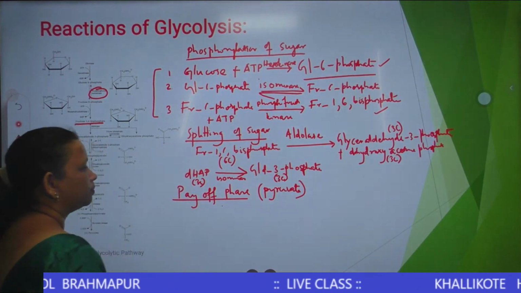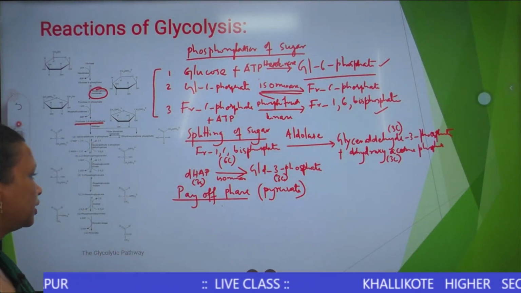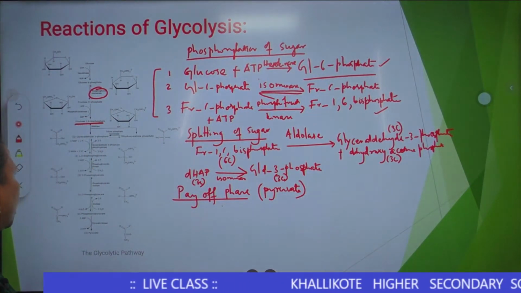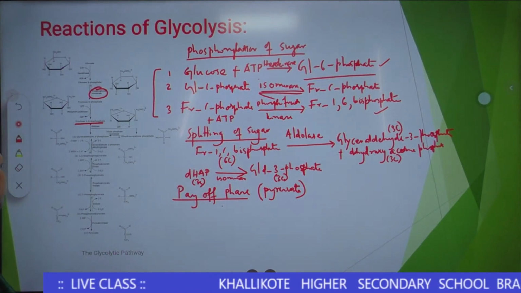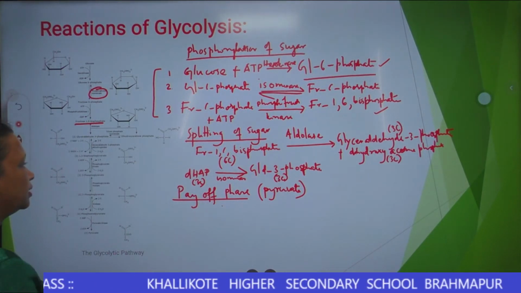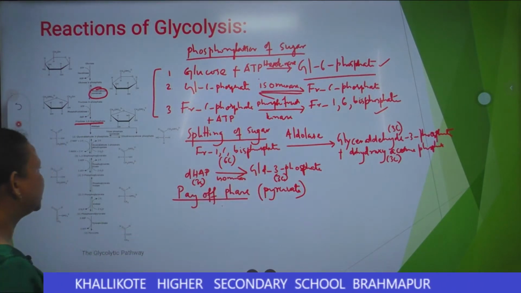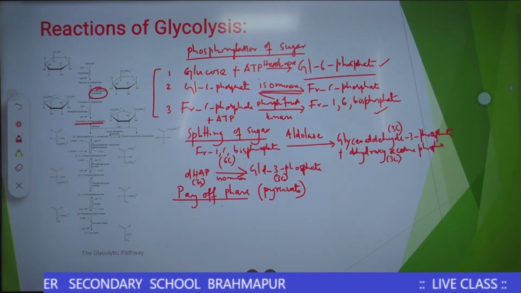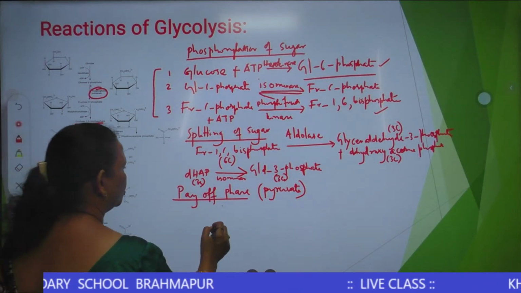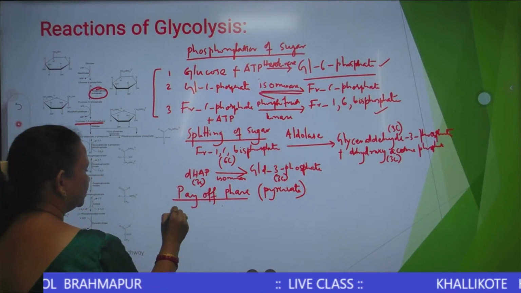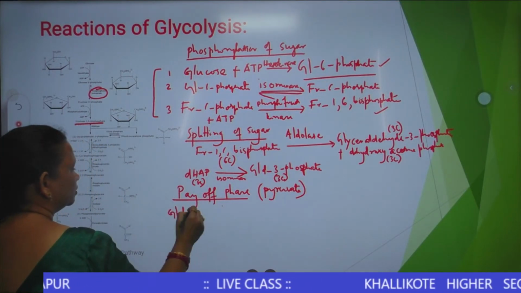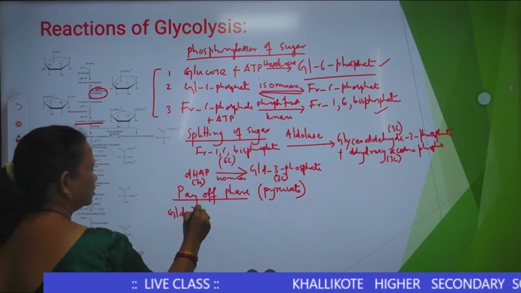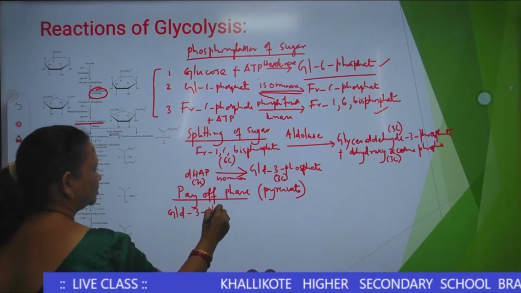In the production of pyruvate, what will be the first reaction? Glyceraldehyde 3-phosphate is getting converted into 1,3-bisphosphoglycerate.